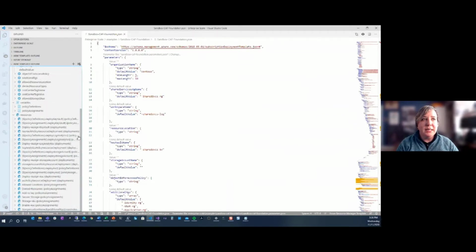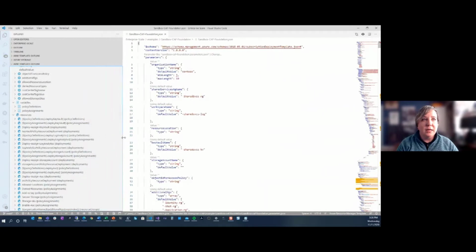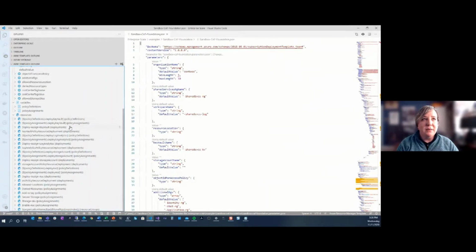Then the resources that get deployed here, let me expand this out a bit. It's a number of policy definitions, actually it's all policy definitions. So we have a bunch of policy definitions in here that are going to create those policies for our landing zones, and what's going to govern that environment, and what services are going to be stood up within that.